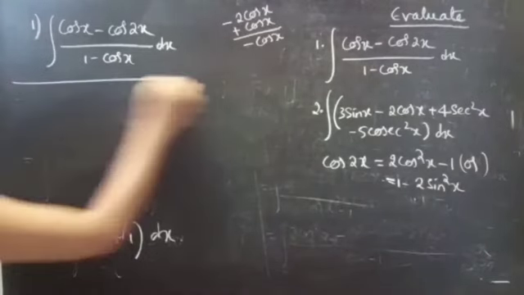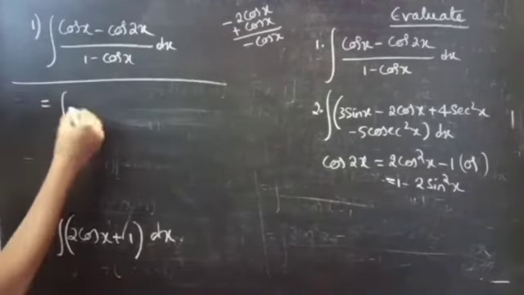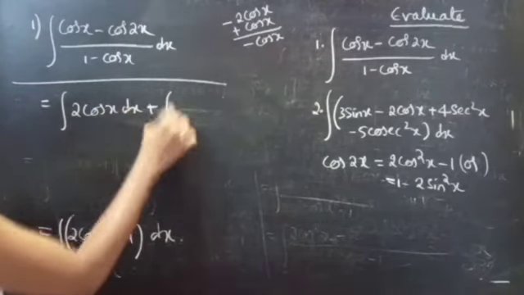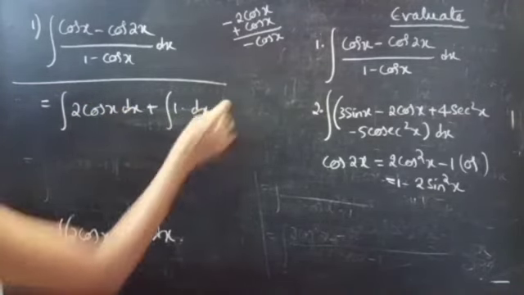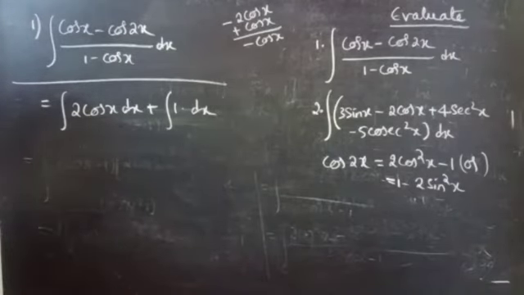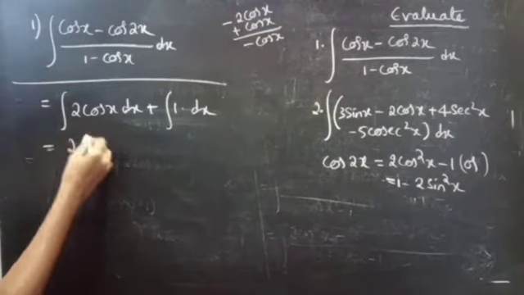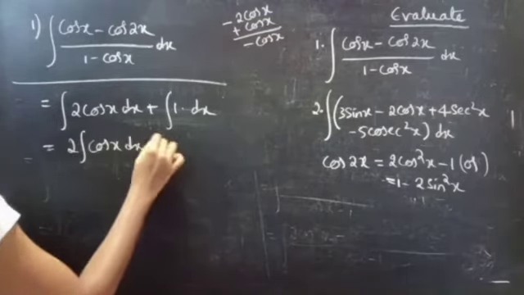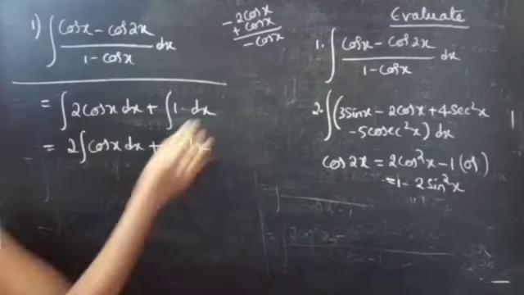So you could write it as integral 2 cos x dx plus integral 1 into dx. So now you can take the constants outside the integral. You'll get 2 into integral cos x dx plus integral dx.